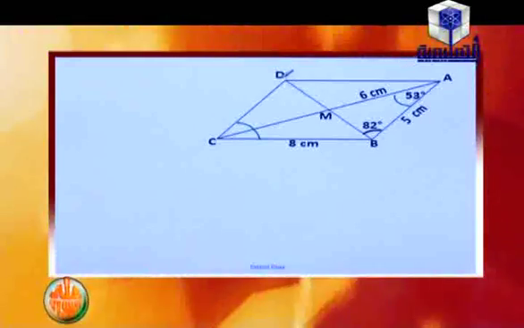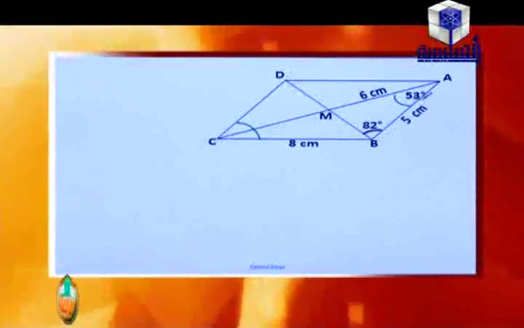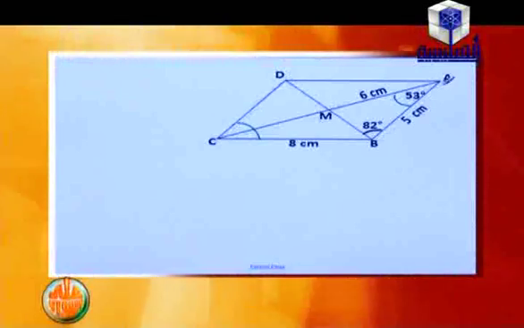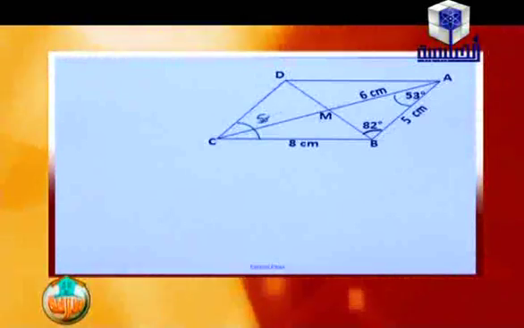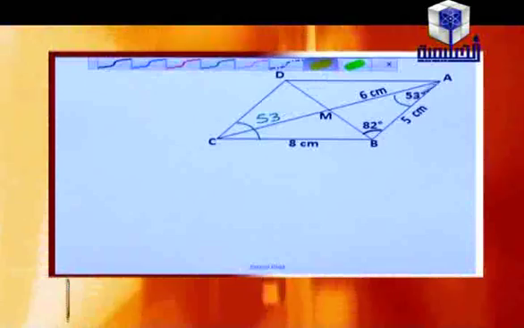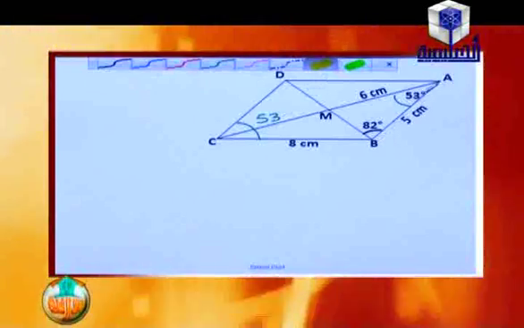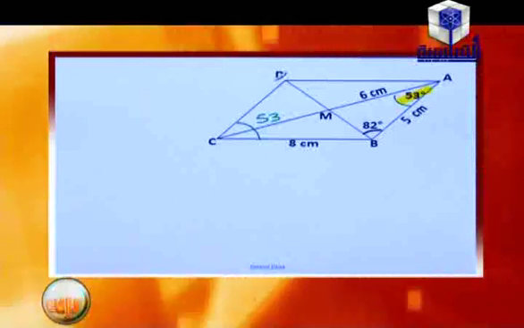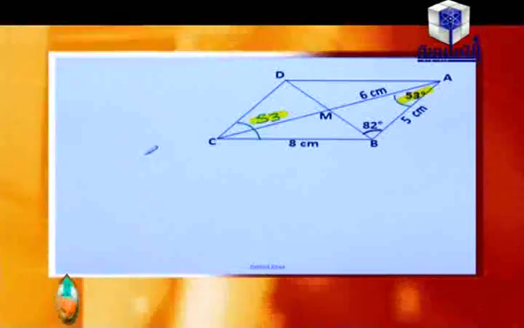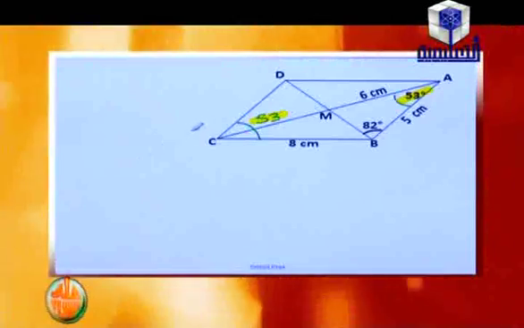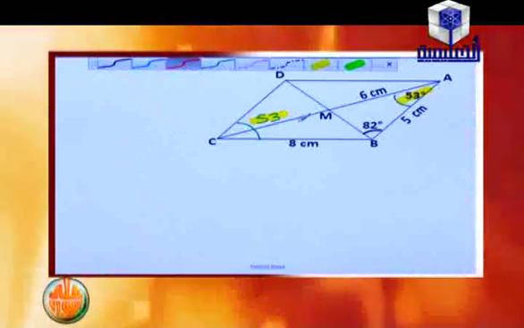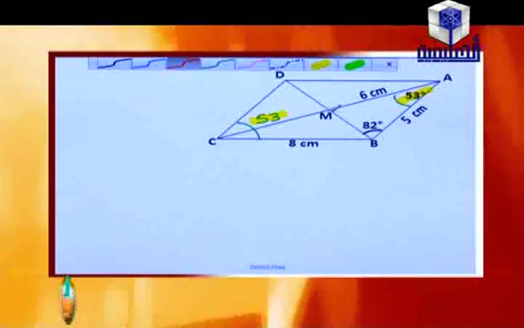If angle BAC is 53, then the measure of angle DCA is 53. Okay, the two angles here are equal in measure: BAC, this angle, and DCA, the same angle. Good.